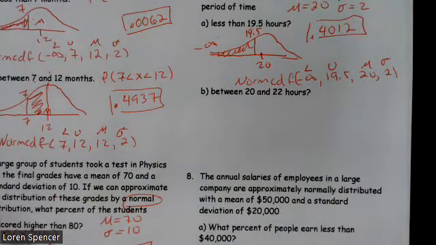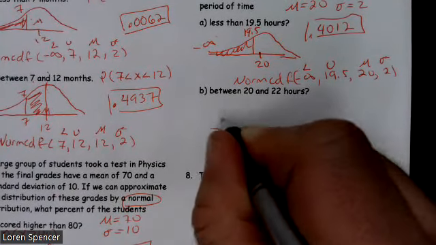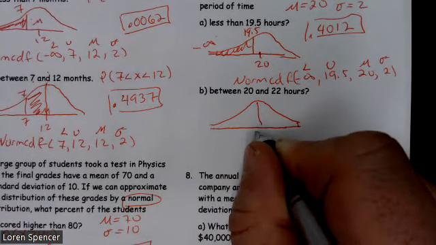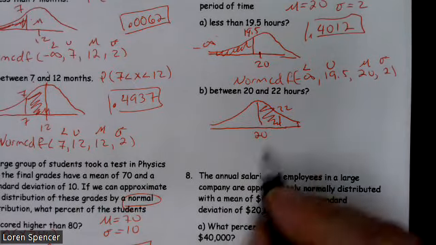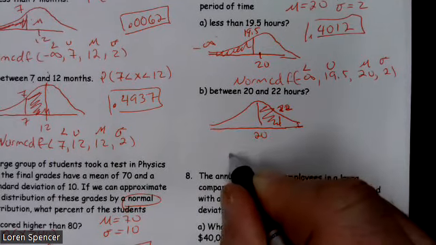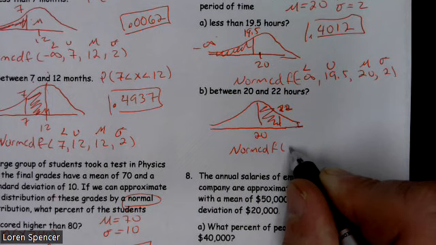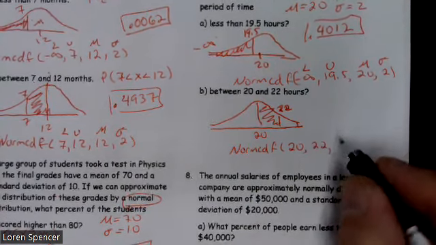Between 20 and 22 hours. So 20 to 22. So this is a norm CDF. The lower is 20, the upper is 22.